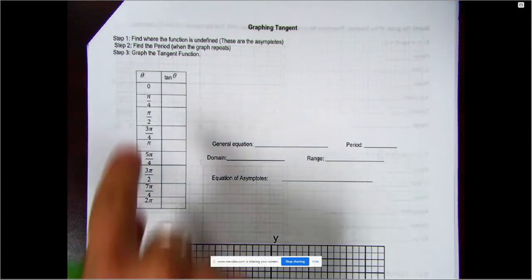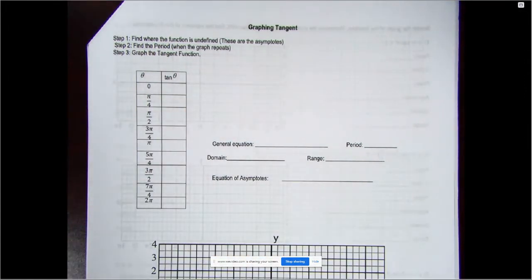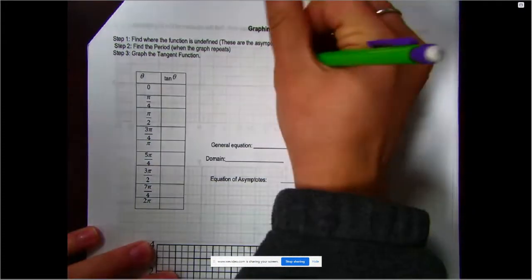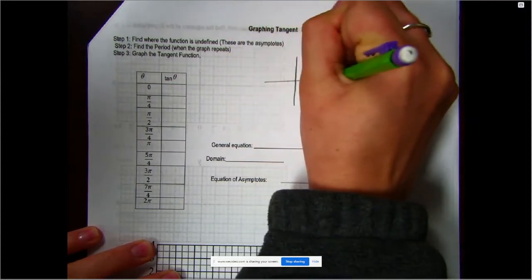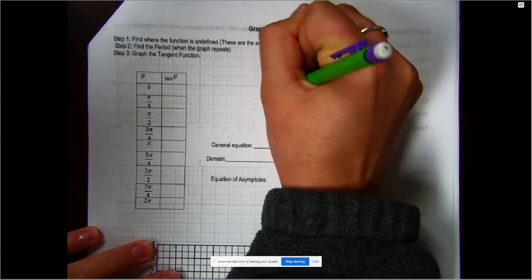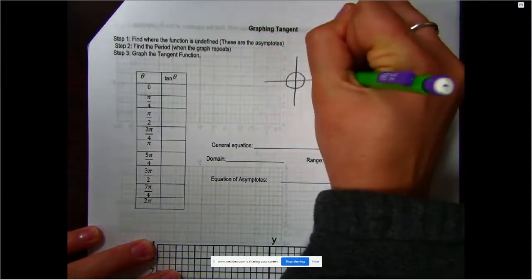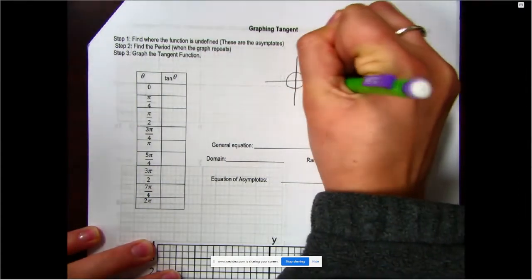When creating this table to figure out the points, we need to utilize our unit circle. So either find your unit circle, pause this video, find it, or we're going to sketch it out here. For sine and cosine, we just use the quadrantals. So let's start there. I know that this is 0 and 2 pi.